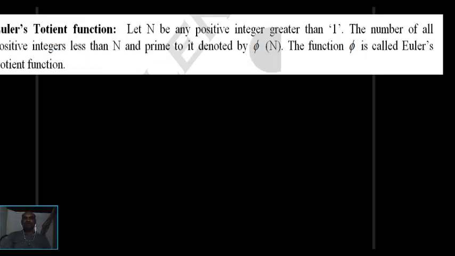Listen, students. Now, an important note: phi of AB equals phi of A times phi of B, with the condition that A and B are co-prime.